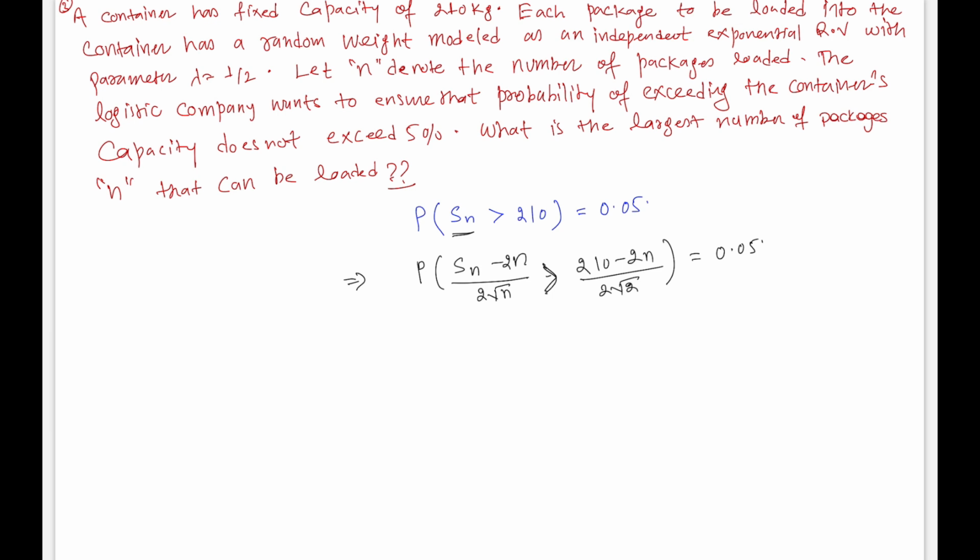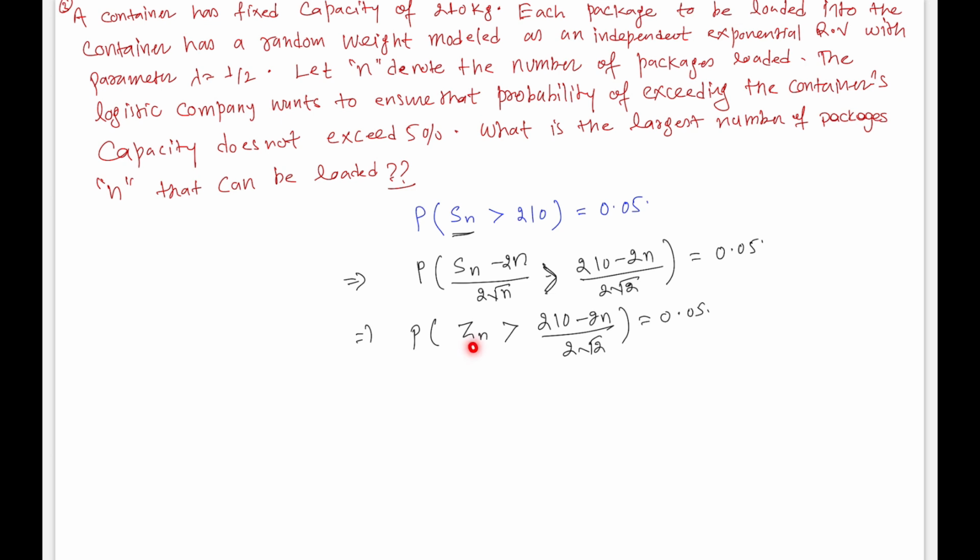Once we have made the standardization, as per the central limit theorem, we can consider this as a standard normal random variable. So let me rewrite this again. P(Zn greater than (210 minus 2n) divided by (2 root n)) equals 0.05.